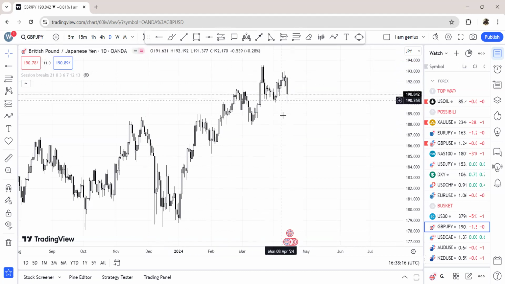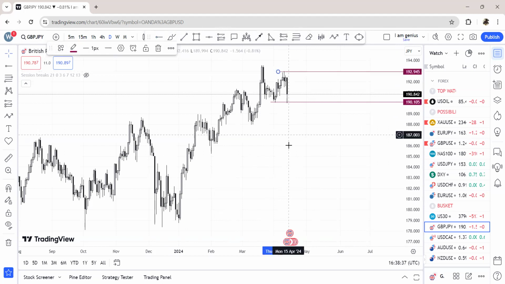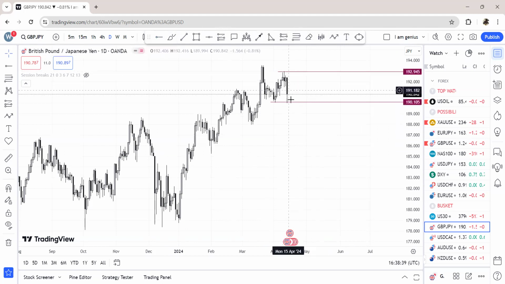Our bias is going to be that if the market breaks below this level, it means that we are in a downtrend overall. But if the market goes ahead and breaks above that level, it means that it's sustaining this uptrend that it has made.